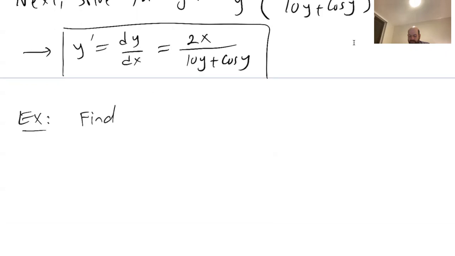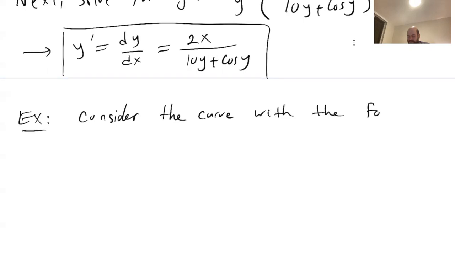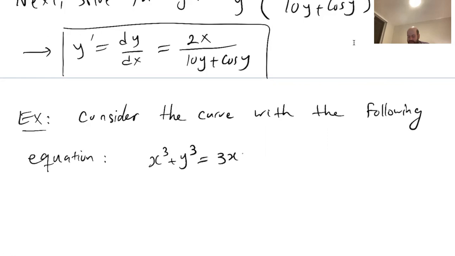Now the next example. Find dy/dx. So consider the curve with the following equation: x to the power 3 plus y to the power 3 equals 3xy.